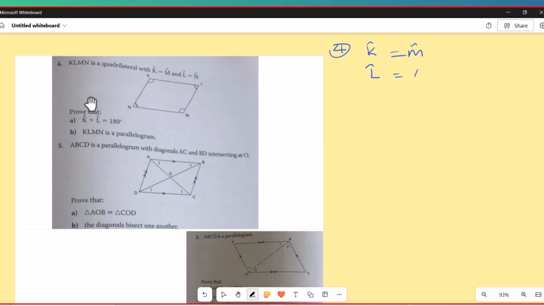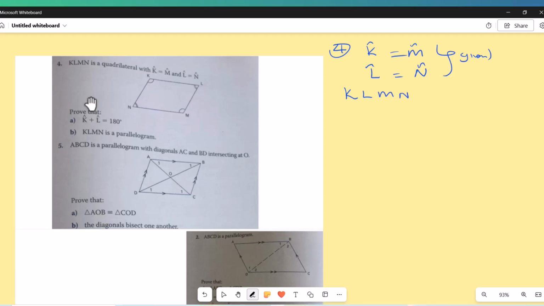Angle N. So, what does this show us? This is given to us. It shows us that our figure KLMN is a parallelogram. Who can give us a reason here?